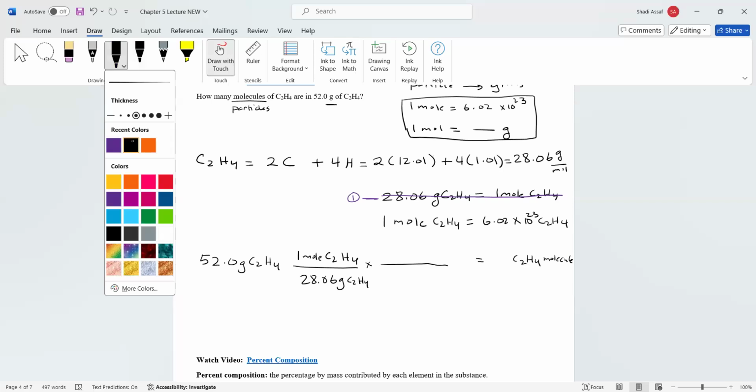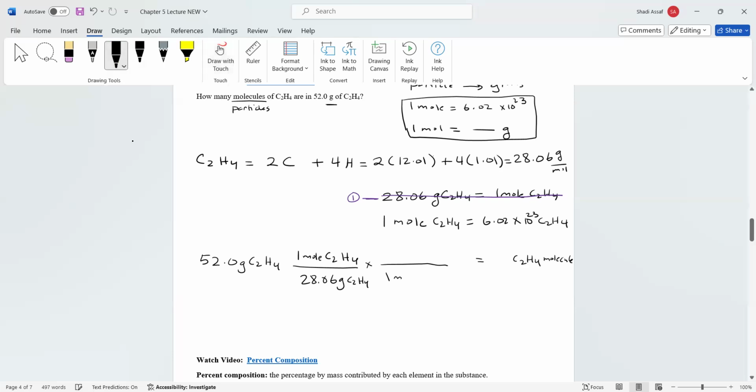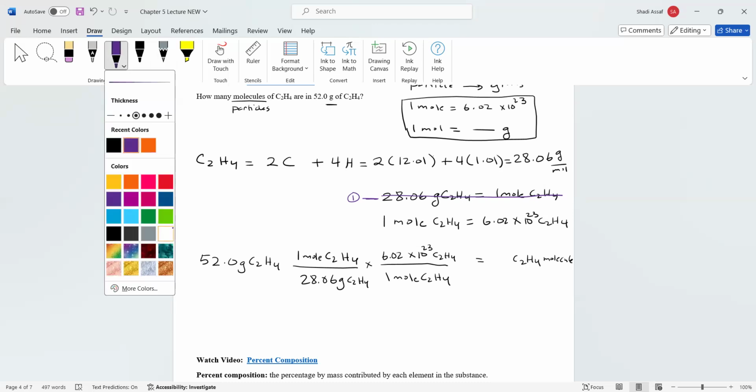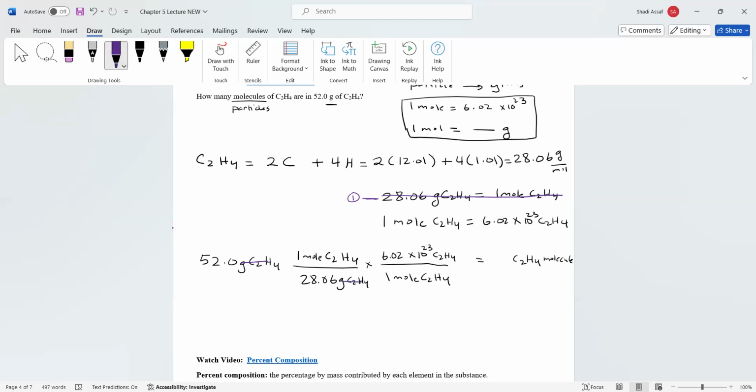I have 1 mole of C2H4, and that one goes in the denominator so it can cancel out the moles here. So you have 1 mole of C2H4, and 6.02 times 10 to the 23rd C2H4 molecules. Grams cancel out the units of grams, and moles cancel out the units of moles.